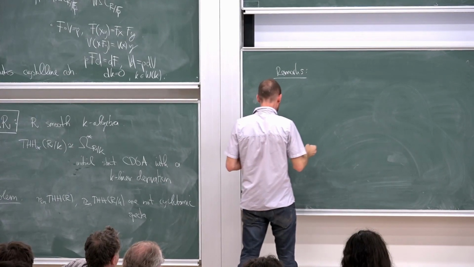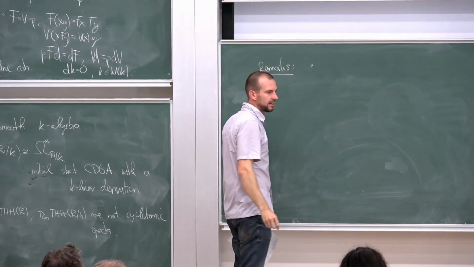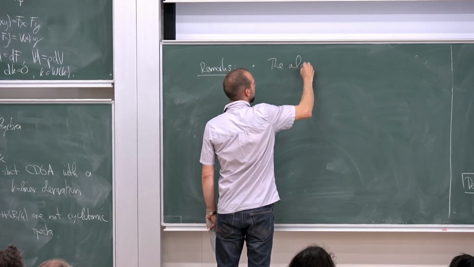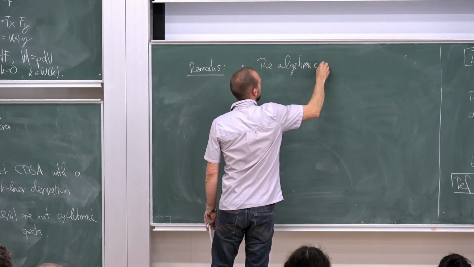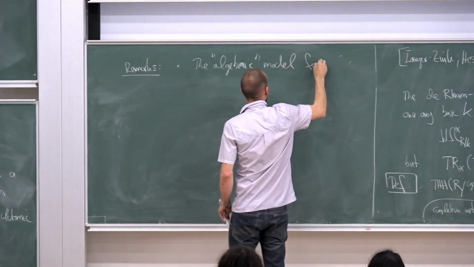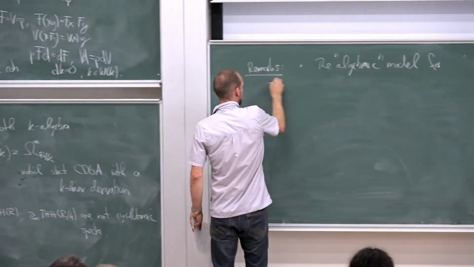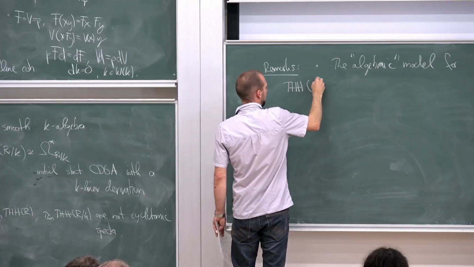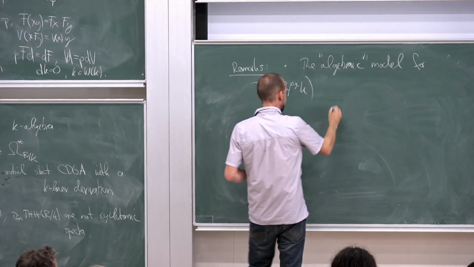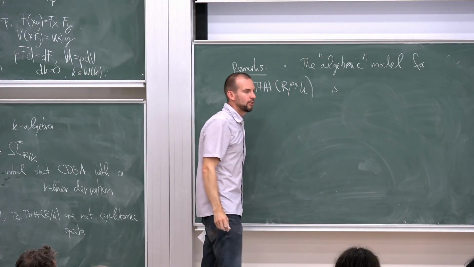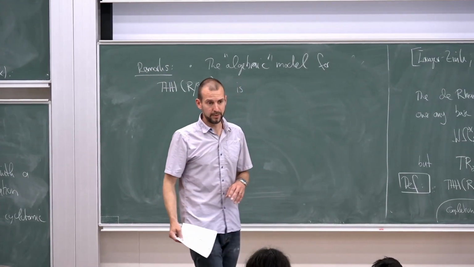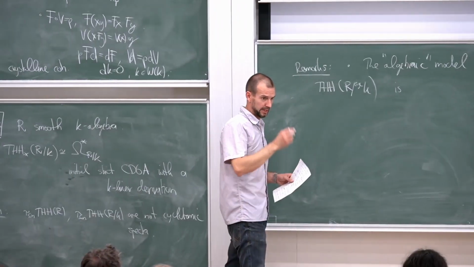Here's the reason I care about this, and I started thinking about this again. What is the algebraic model for THH of R relative cyclotomic K? By algebraic model, I mean the thing that should filter this topological object by means of a BMS-style even filtration.